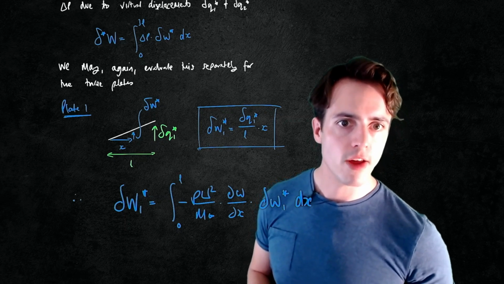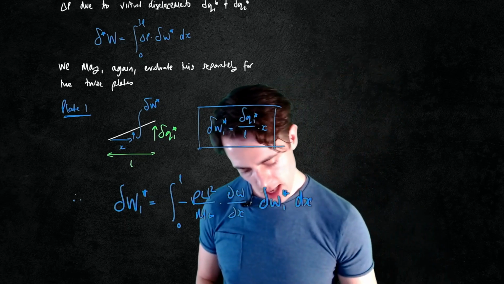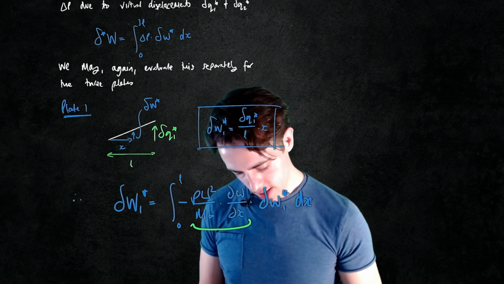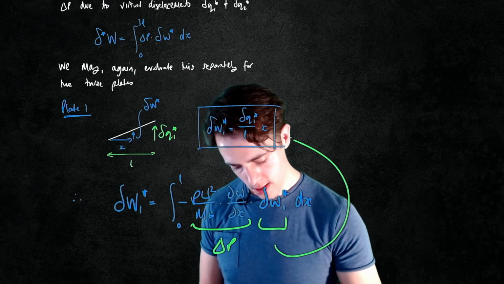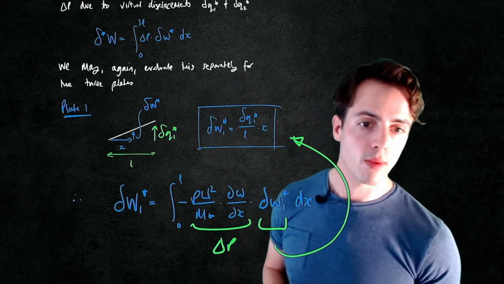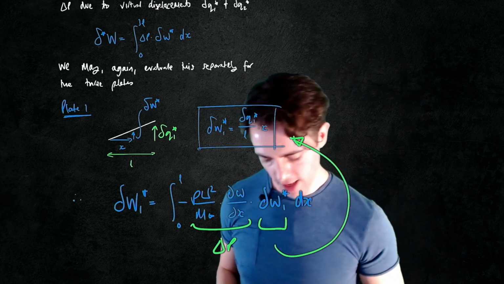Yeah, that's fine because the pressure change has already got this dW on dx. So this bit here is the delta P, and this bit here is what we've just determined up here. So we can put that expression in and we can then evaluate the integral.